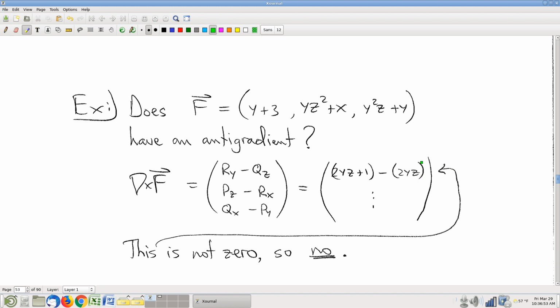Now, let me emphasize, let's suppose that these functions were different somehow, and of course the calculations can be different. Let's suppose you got 0 here for your first component. Can you just drop the pen and walk away and declare victory? No, because this doesn't resolve the matter.